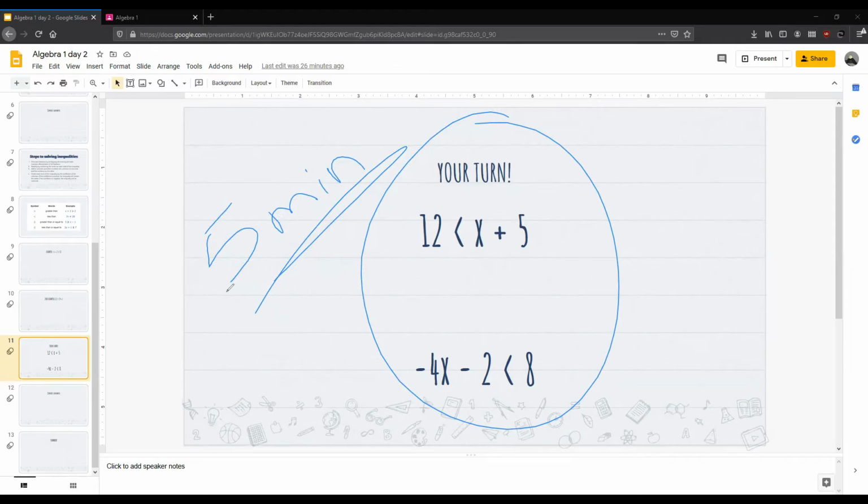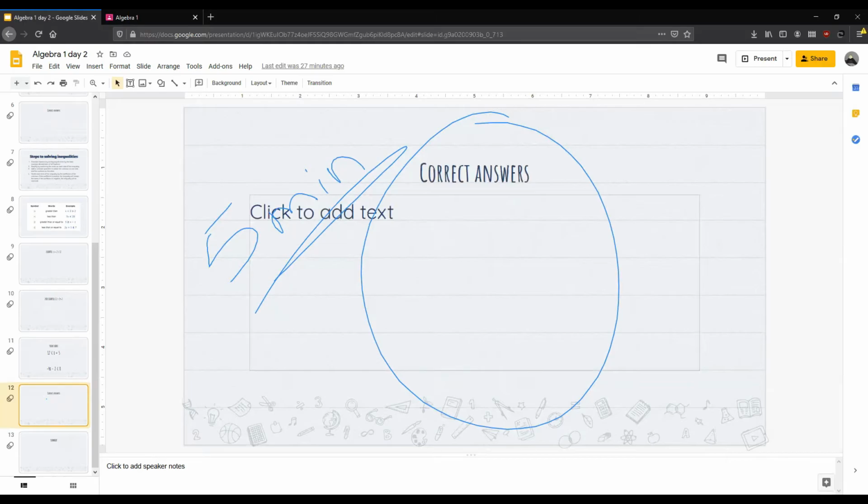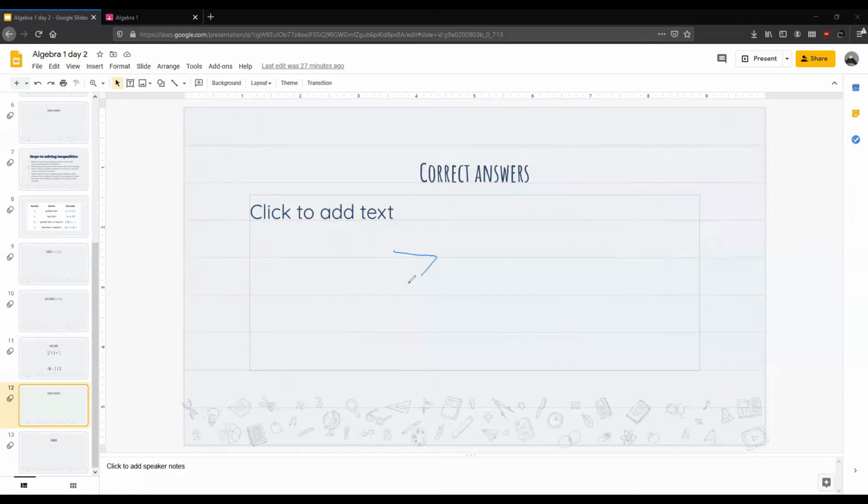Your first one is wrong. You have to change the sign. So, though you have your numbers correct, your sign is not correct. It wouldn't be 7 is less than x.